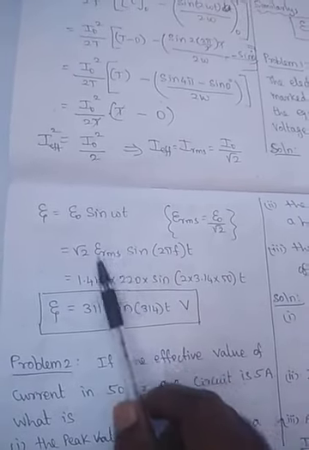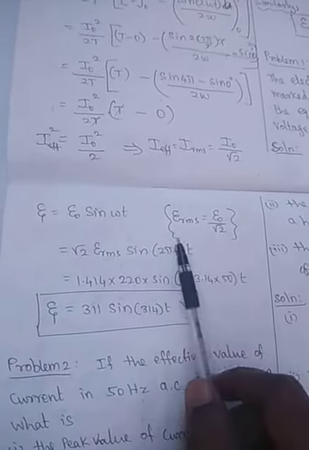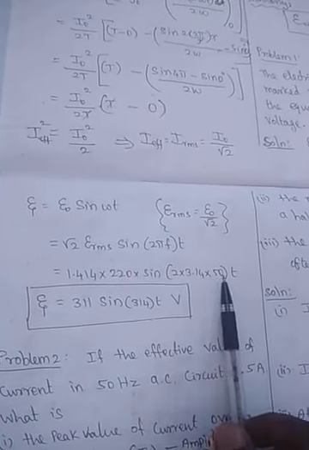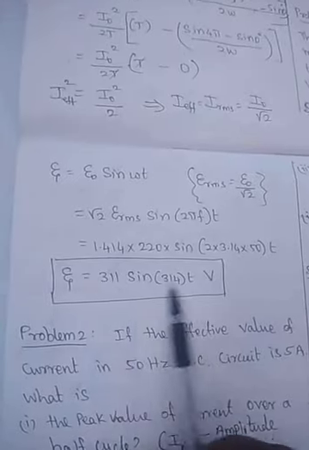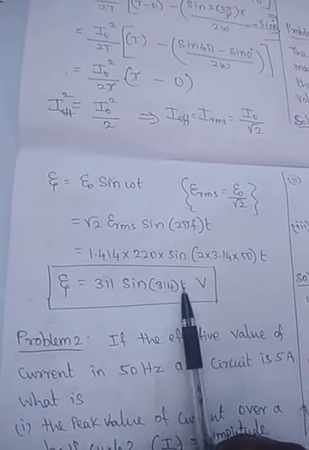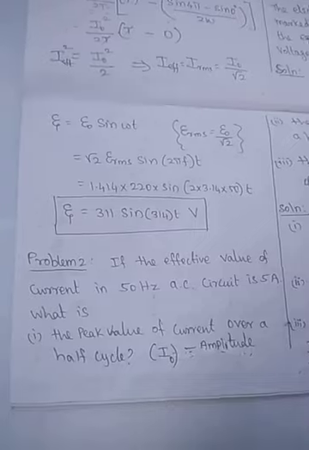So substitute E RMS as 220 and f as 50. So 2 into 3.14 into 50 into t. So we arrive at the equation as 311 sin 314t volt. So direct substitution of values; like this only we have to do this problem.